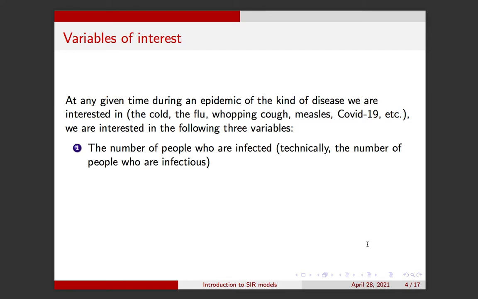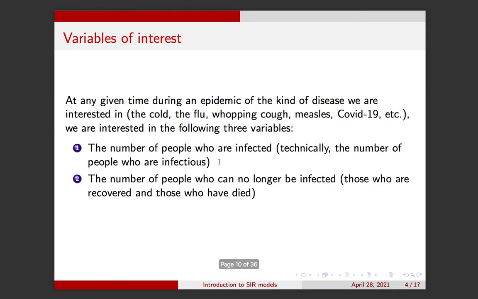The number of people right now who are infected, although infected is the term people use, but really what they mean is infectious. So just because I have a virus in my bloodstream and therefore I'm infected, doesn't mean I can infect other people. But anyway, when you hear infected in these models, you should always think infectious, capable of infecting other people.